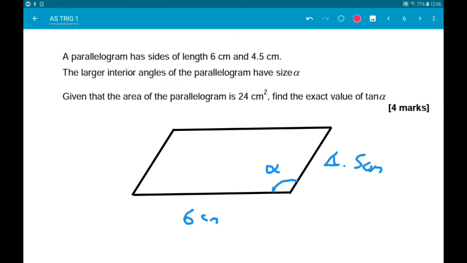Okay, so the way that trigonometry gets involved here is if we split the parallelogram in half, like that. So we split it into 2 triangles. Now, we can find an expression for the area of this triangle in terms of alpha, and we also know that it is 12.